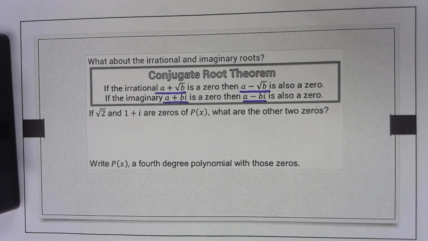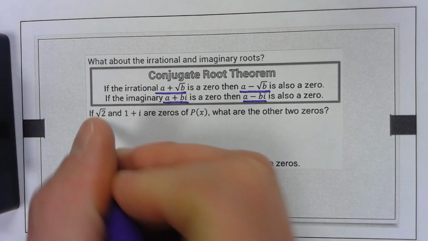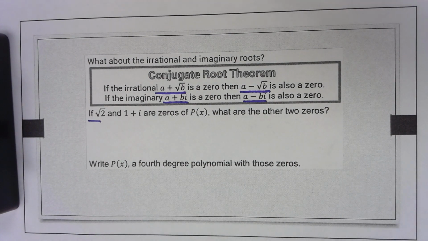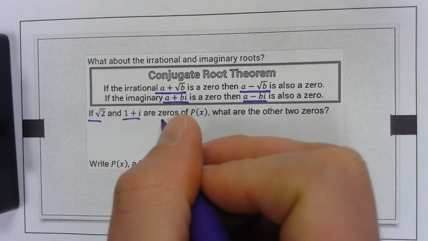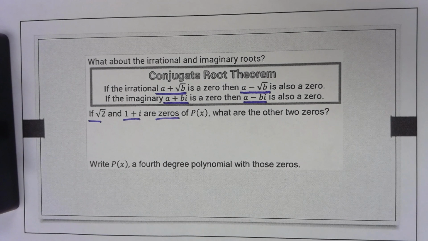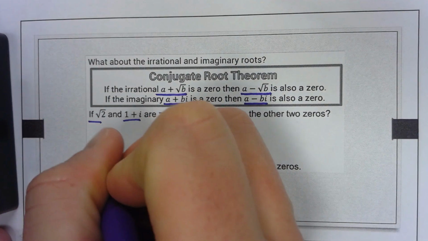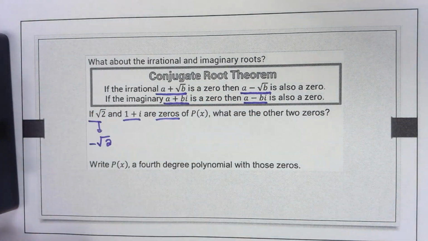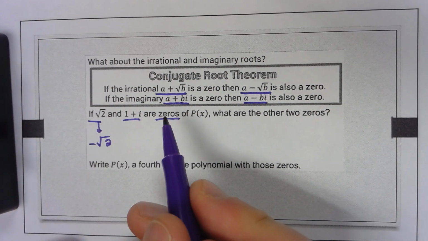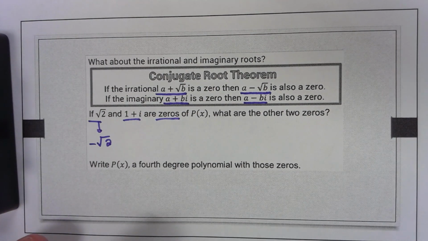All right, so again, one question that we might see says, if square root of 2 is a solution and 1 plus i is a solution, or a zero, then what are the other two solutions, or the other two zeros? This is having you recognize we have a square root solution, and that's going to occur in a pair, that if I have positive root 2, that means negative root 2 is also a solution. Same thing with the other answer of 1 plus i.